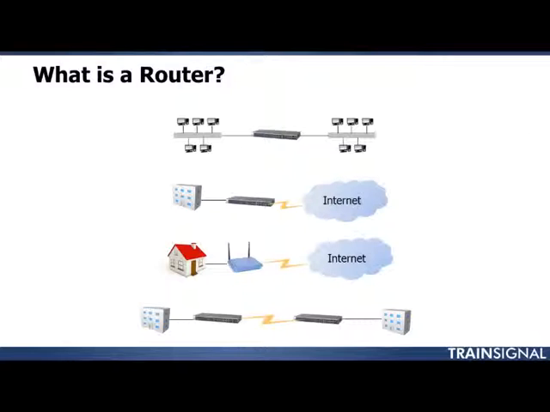The second example I have is how you get from your office network to the internet, right? That's your own internal network connecting with the World Wide Web, the internet. You need a router. The third example I have there is from your home. And you'll notice I used a slightly different picture here.